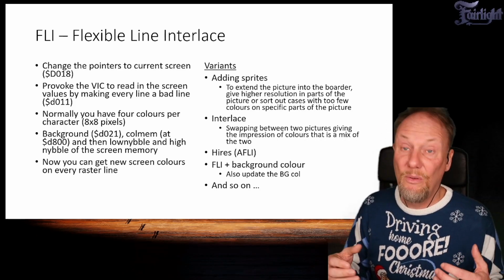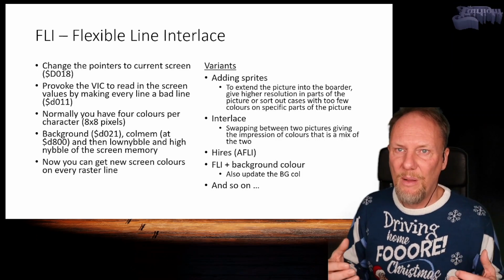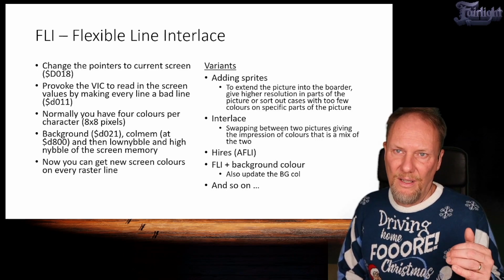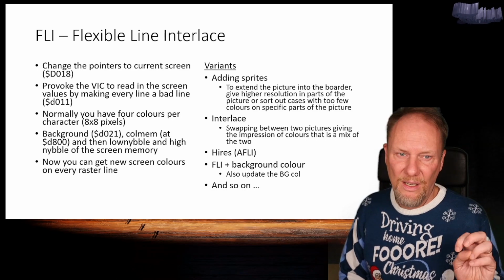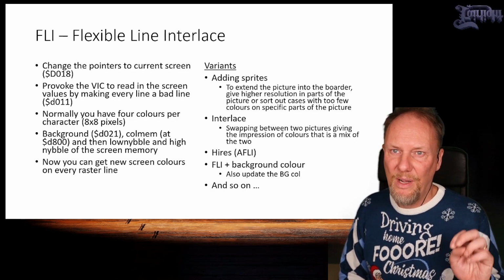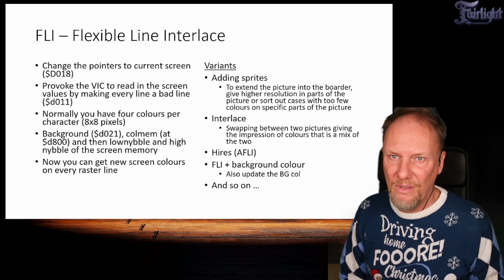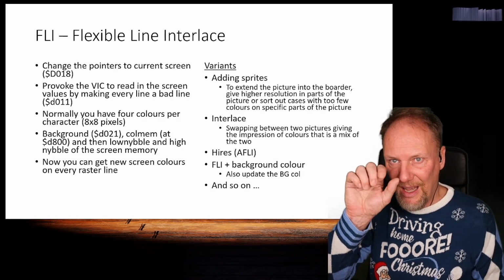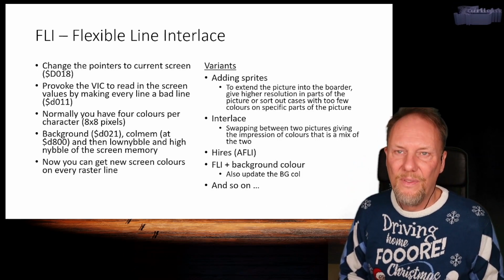You cannot change that, or you can change it using a raster, but normally in the normal bitmap mode you cannot change it. If you add multicolor, then you have 2 colors in D018 in the screen memory, the low nibble and the high nibble of the screen memory. And they are individual for that 8x8 cell, or 4x8 because it's multicolor.